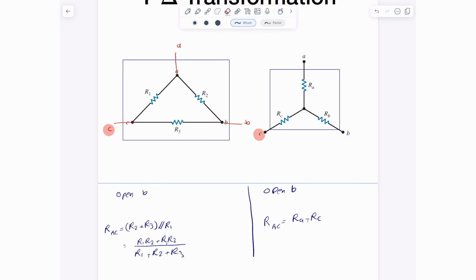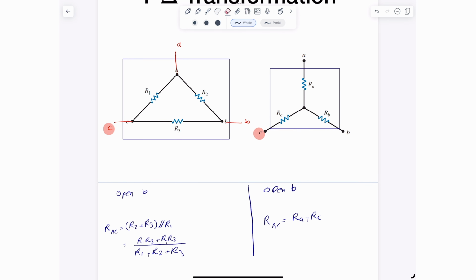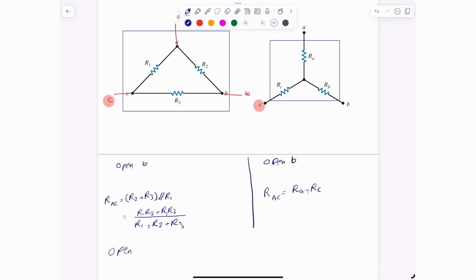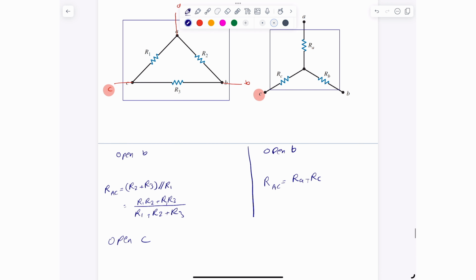We can do the same thing by opening a different port. For example, we can open up now port C, and let me highlight it here. Okay, we can open up port C and let's see what would happen. So we can say open terminal or port C, okay? And at that particular moment, since this is open, that means R1 and R3 are in series and they will be in parallel with R2. So let me just write that.